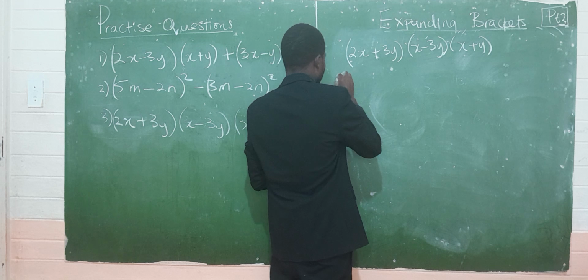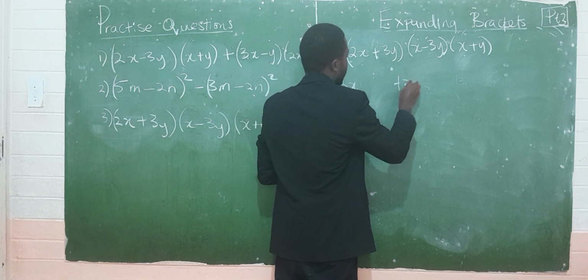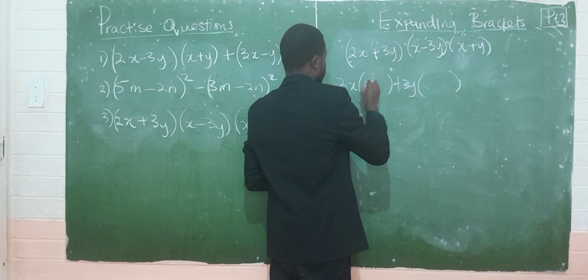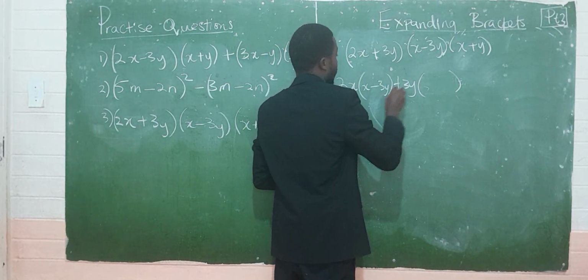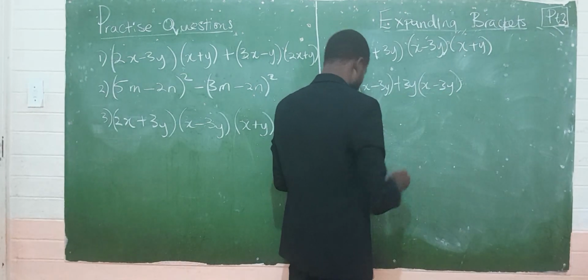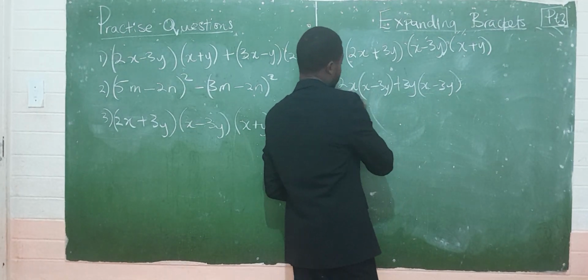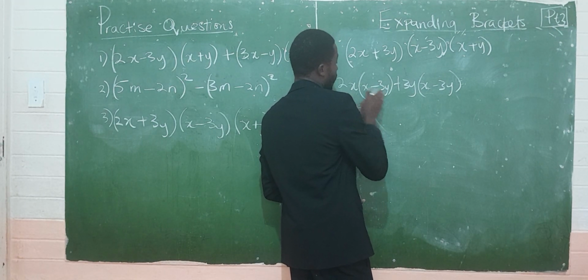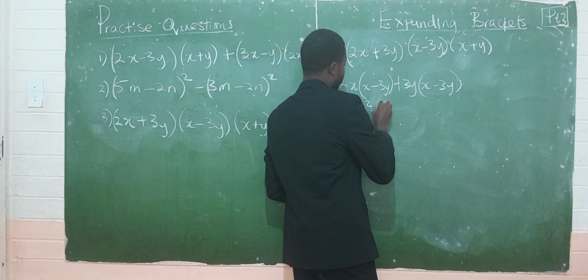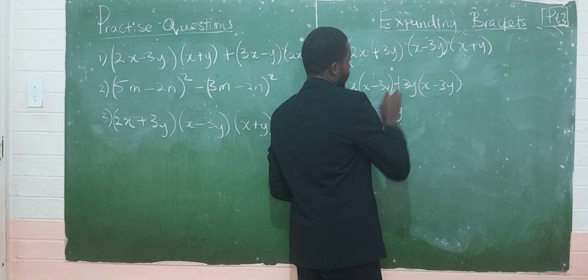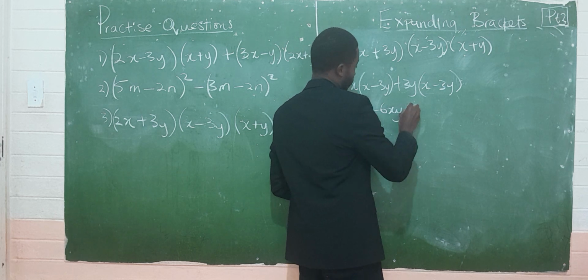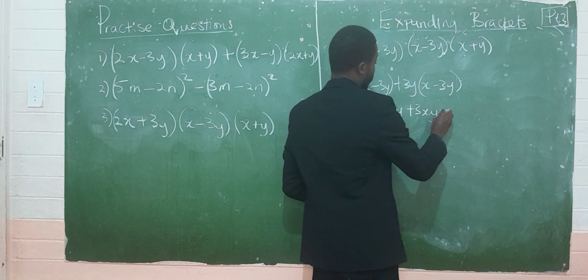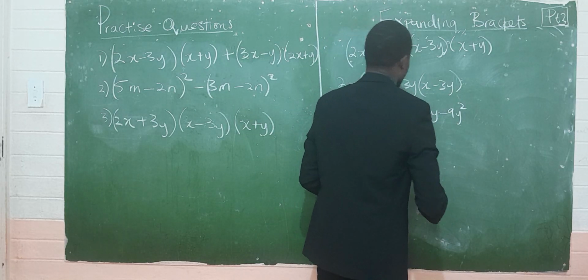I'm going to break this bracket. There's going to be 2x, of course, plus 3y. And I'm going to rewrite that bracket, which is x minus 3y, x minus 3y. And of course, 2x times x, that's going to be 2x squared, and 2x times minus 3y, that's going to be negative 6xy. 3y times x, that's going to be 3xy, and 3y times negative 3y, that's going to be negative 9y squared.